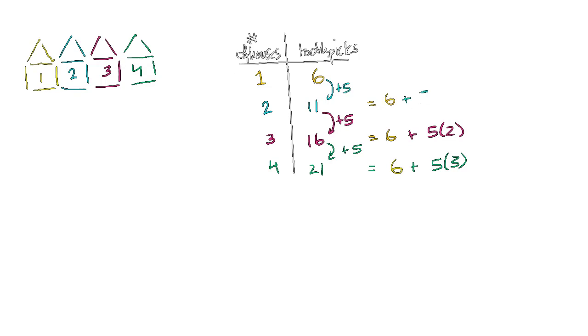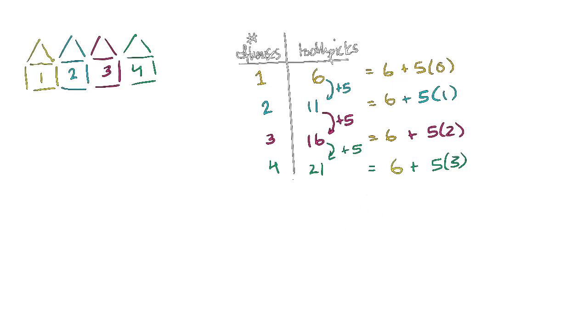So plus 5 times 1. And then when you had one house, and it'll fit the same pattern, you started with 6, and how many times did you add 5? Well, you didn't add 5. You could say that you added 5 0 times.